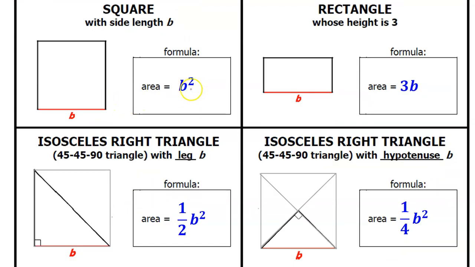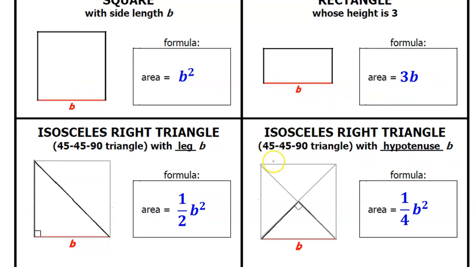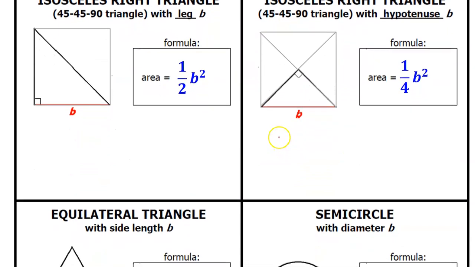That was a really simple formula to come up with on the fly, but some of the formulas take a lot of time to come up with, so I recommend that you memorize the following formulas for the area of a shape with base b. For a square, it's b squared, like we just saw. For a rectangle, you just sort of have to figure it out. So don't worry about memorizing the rectangle.